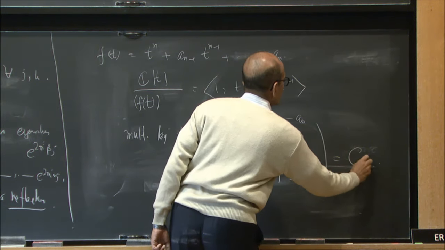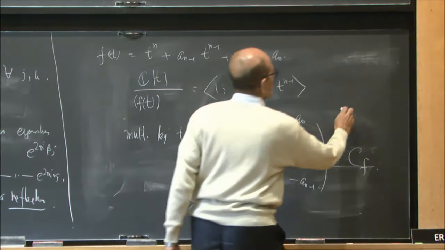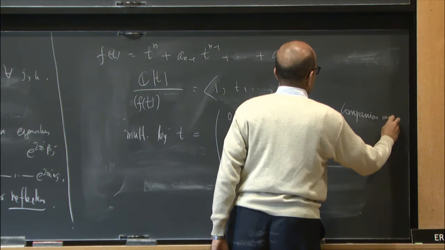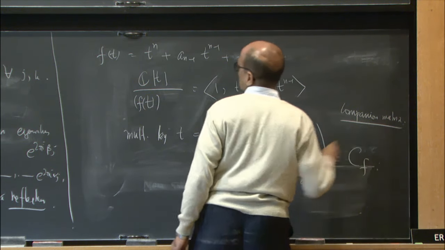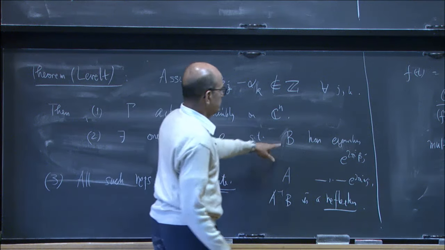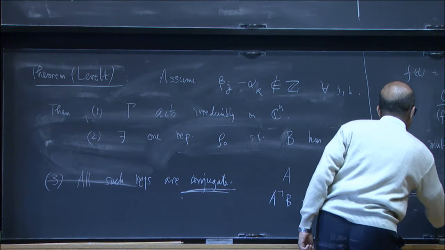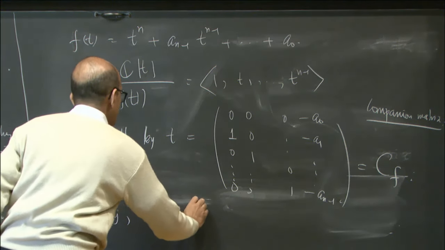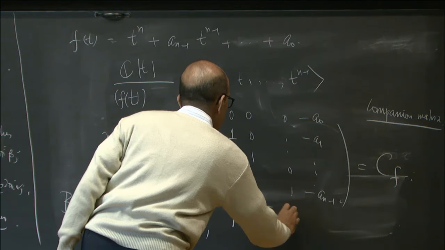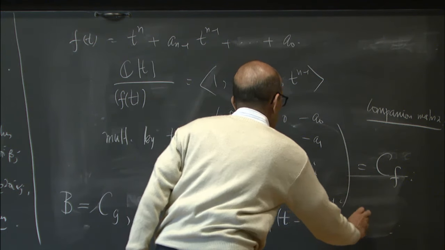This is called the companion matrix of F. So to construct this representation, you take B to be the companion matrix of G, A to be the companion matrix of F, where F is T minus e to the 2 pi i alpha j, and G is similar.